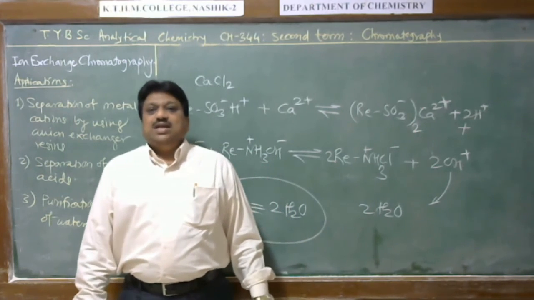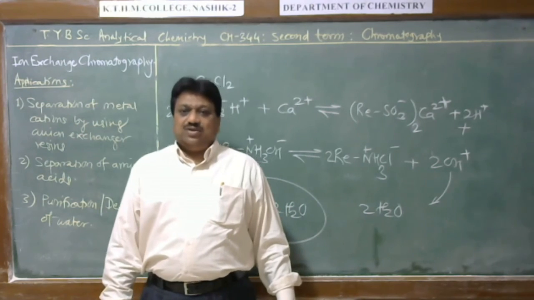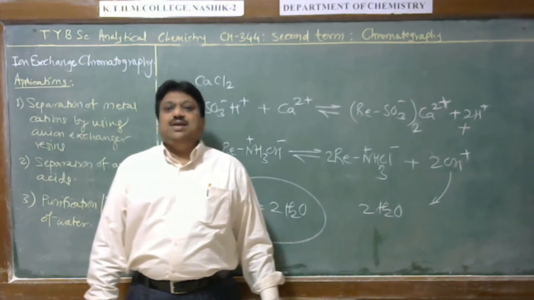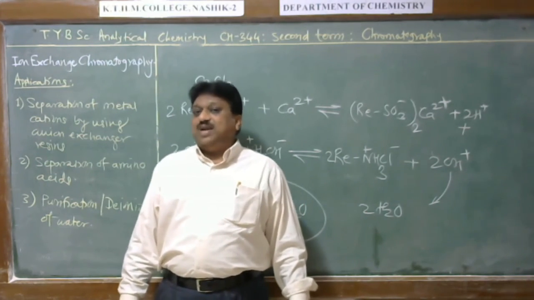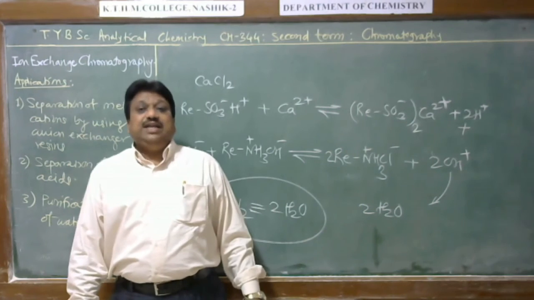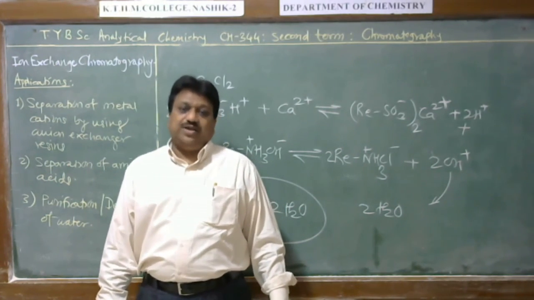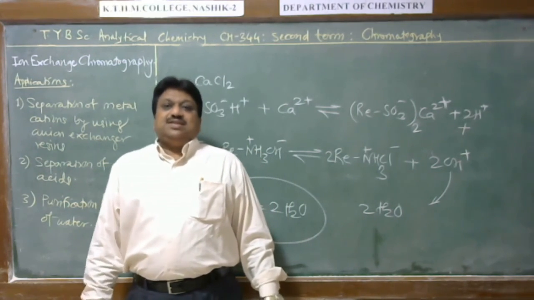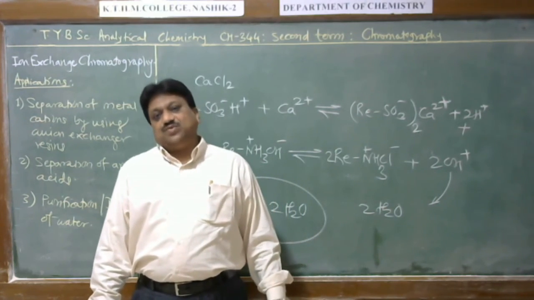Number 4, explain the separation principle involved in ion chromatography, or the mechanism of separation in ion chromatography. How is elution carried out in ion chromatography, and give the different analytical applications of ion exchange chromatography. Students, based on the previous discussion and today's discussion, you can find out the answers to these questions.